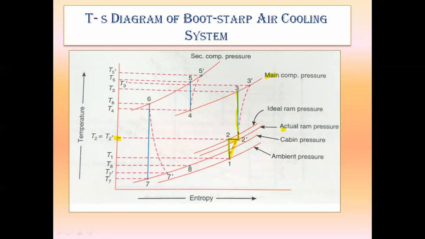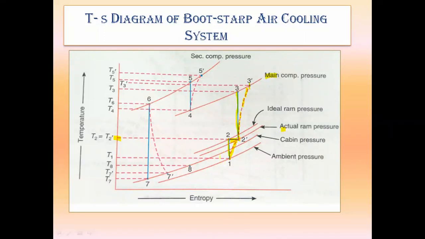But because of irreversibility, 2 dash to 3 dash is nothing but the actual compression process inside the main compressor.